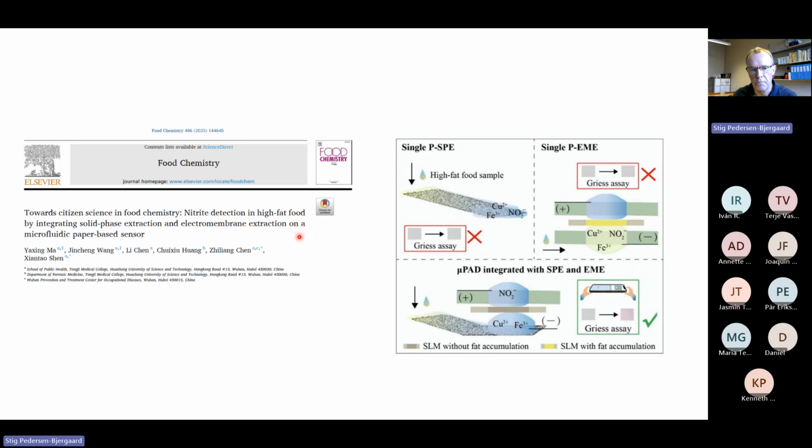And here is one example from colleagues in China, where they have made a micro paper analytical device where they integrate solid phase extraction and electro membrane extraction to isolate nitrate from fat containing food and combine it with detection with a smartphone. So there are many examples like this where EME is integrated into microfluidic systems.